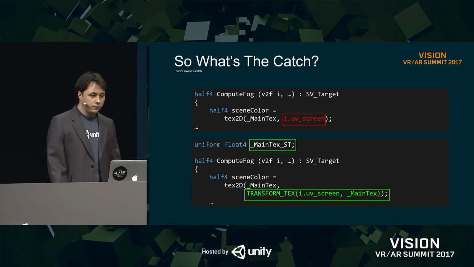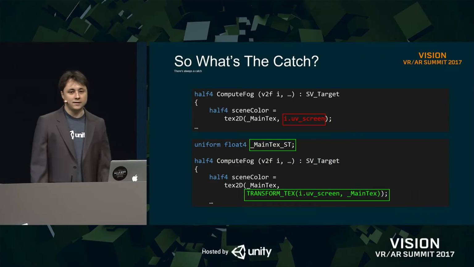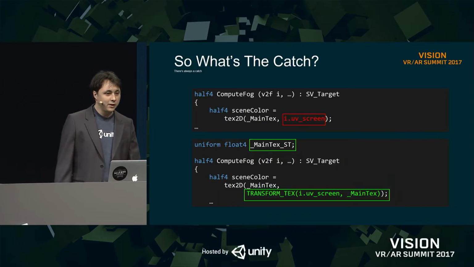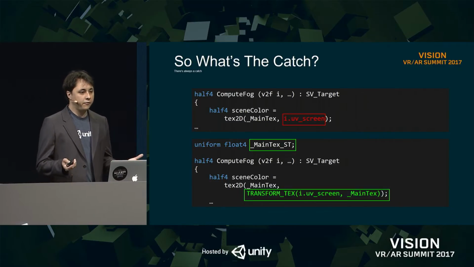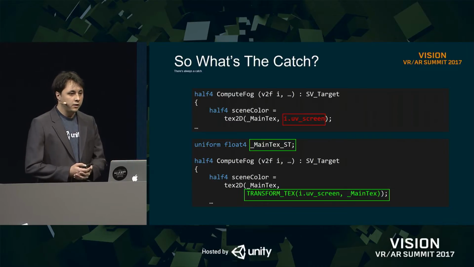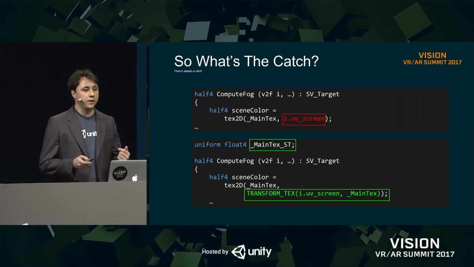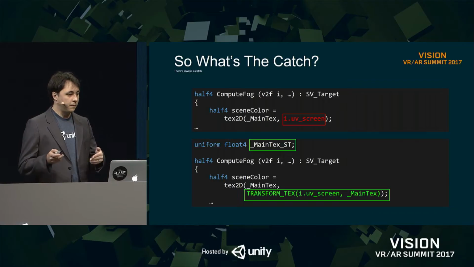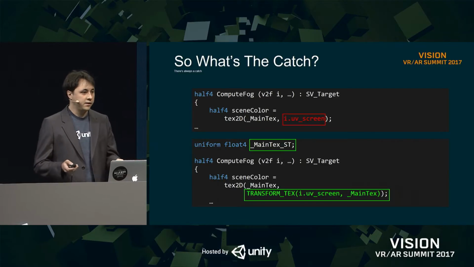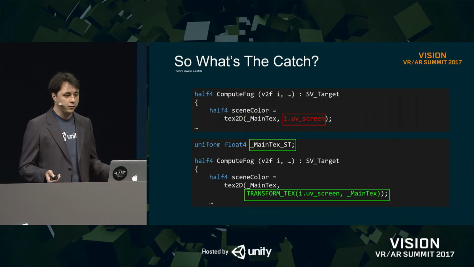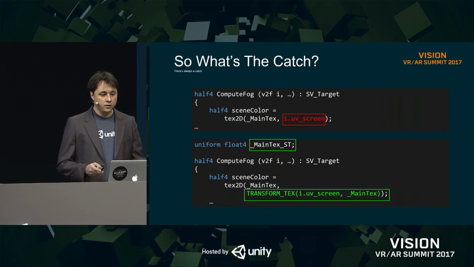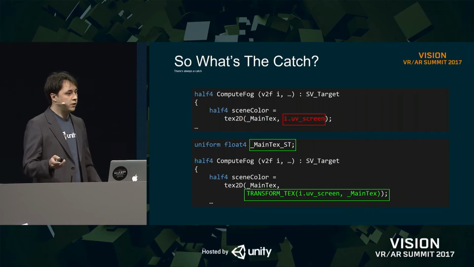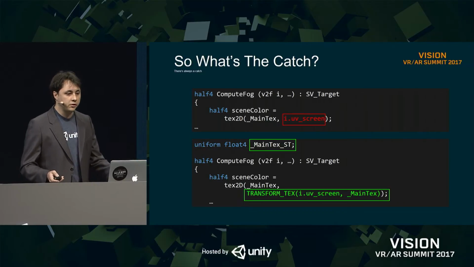All right, so what's the catch? It seems too good to be true. It's actually not much of a catch. As you might have considered, the only problem we have here is when you're sampling a full screen, screen space texture. Let's say you're doing some kind of image effects, post-processing. Well, before, you would call tex2D, and you sample the texture just by passing the UVs that you get.